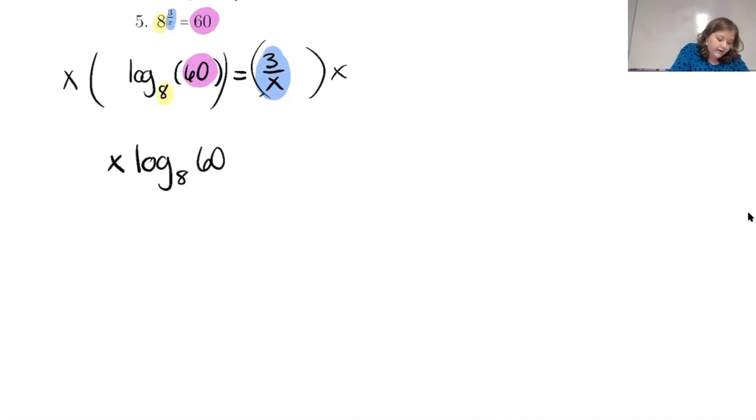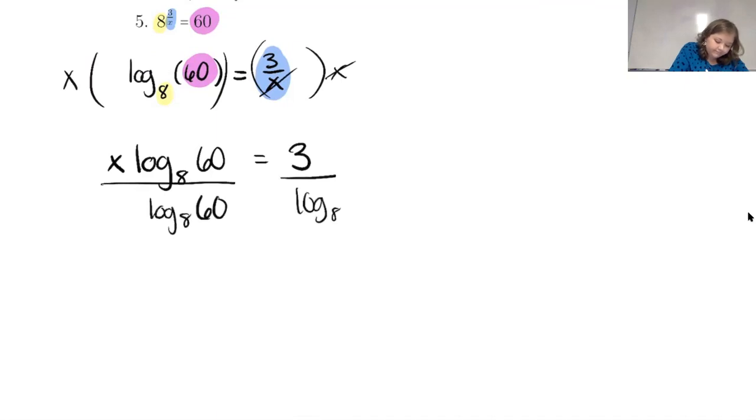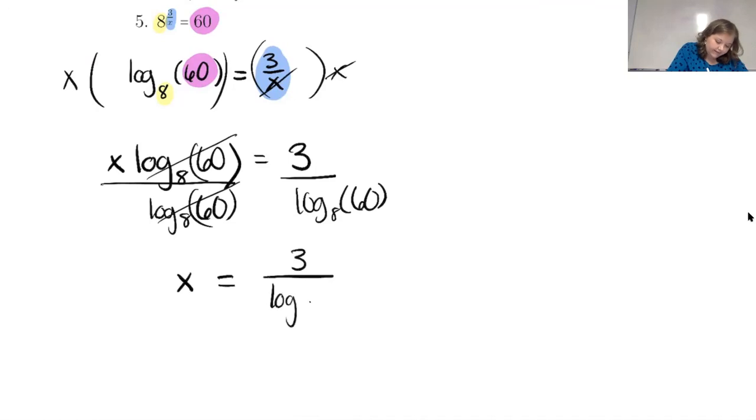And then here, the x on the bottom and the x we're multiplying cancel out, and we're left with 3. Then to get this x by itself, we can divide by log base 8 of 60. Sorry, I should be putting parentheses. These logs cancel out, and we end up with x equals 3 over log base 8 of 60.